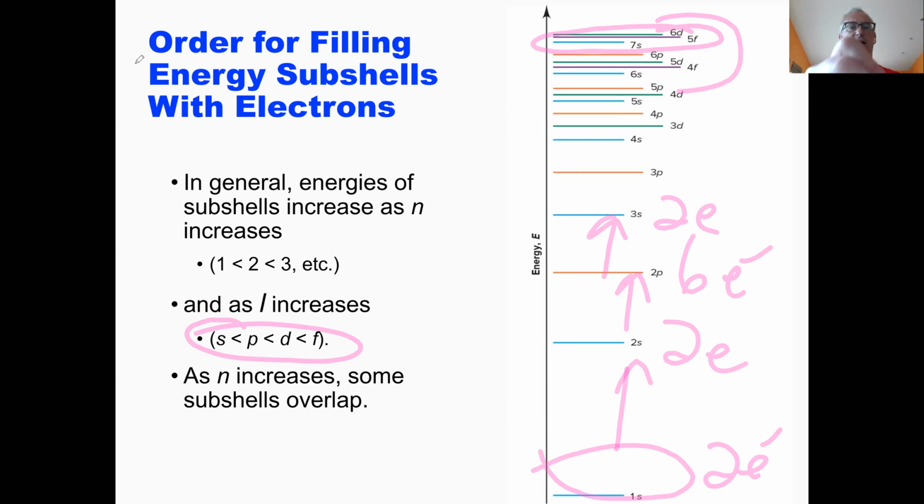So you can see here that 7s, we put electrons in 7s before we put electrons in 5f. Because F is such a much higher energy level than S that even though 7s is further away from the nucleus, it's actually lower energy. And this will become important, like I mentioned before, with transition metals.